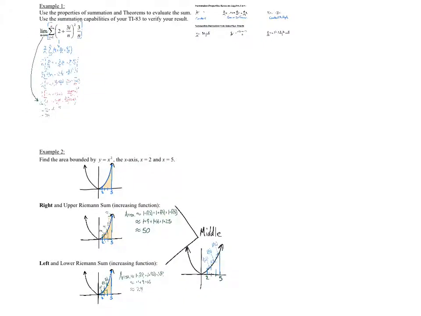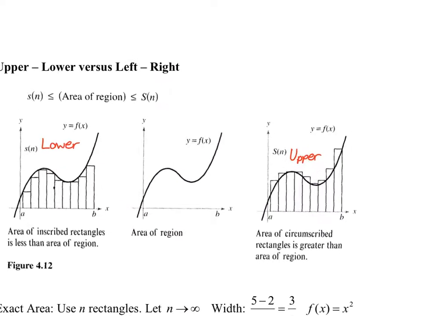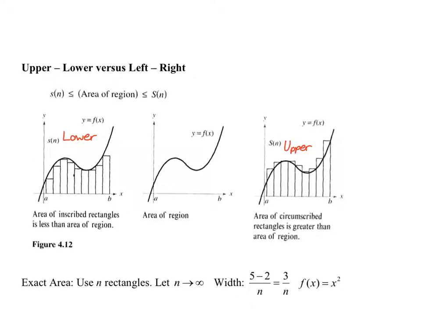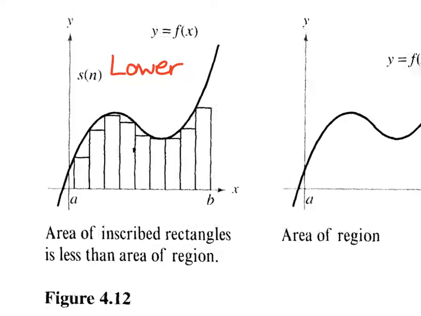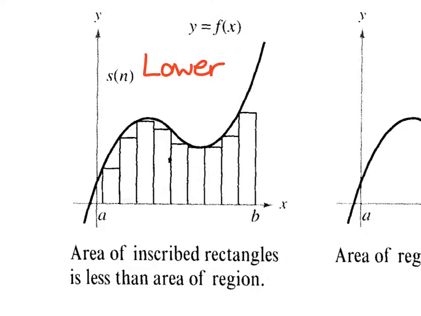I understand that's a lot, but let's look at this and make sure we understand right off the bat. Do not equate upper and lower with left and right. Okay? You'll notice here I have lower sums. Some of these are hitting the function on the left, some are hitting the function on the right. Can you hit it in the middle?